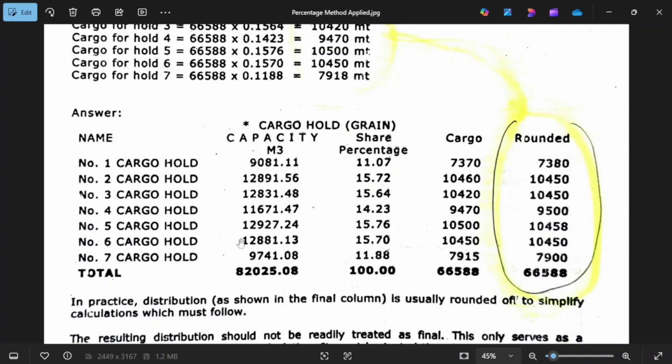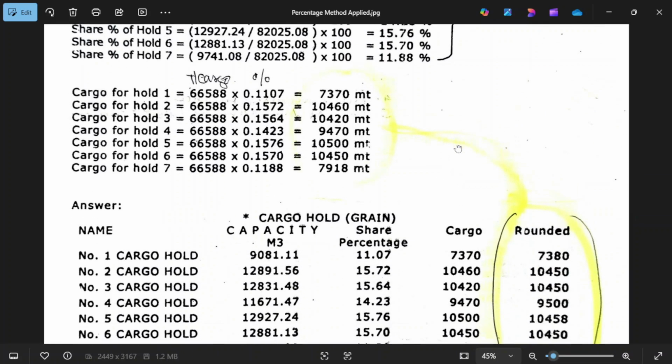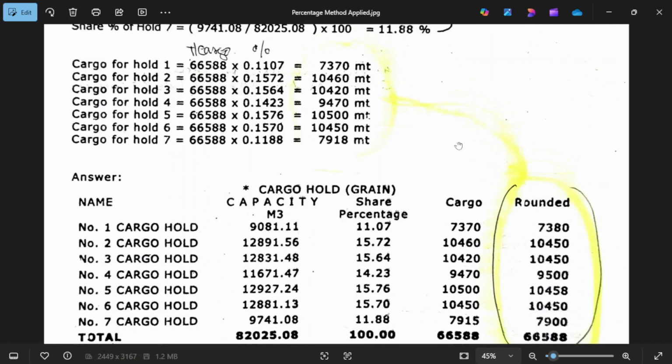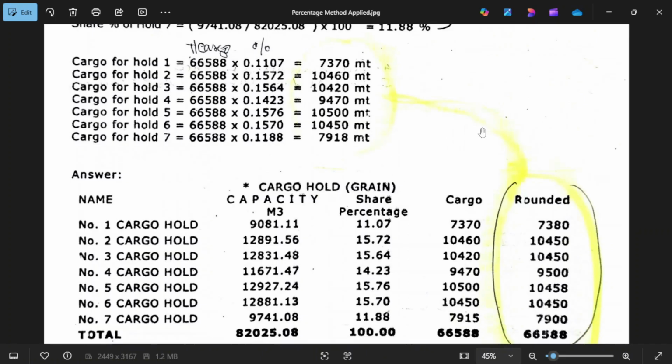This is the capacity of each hold, total of 82025, and the percentage and the value should be this one.